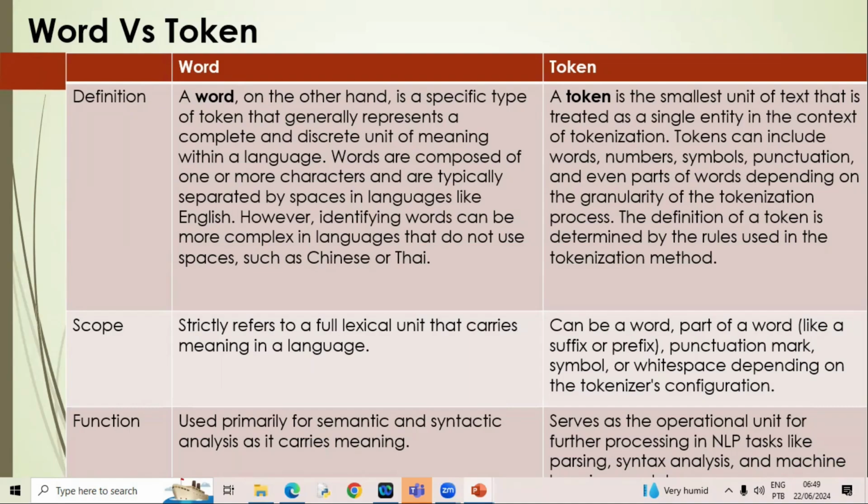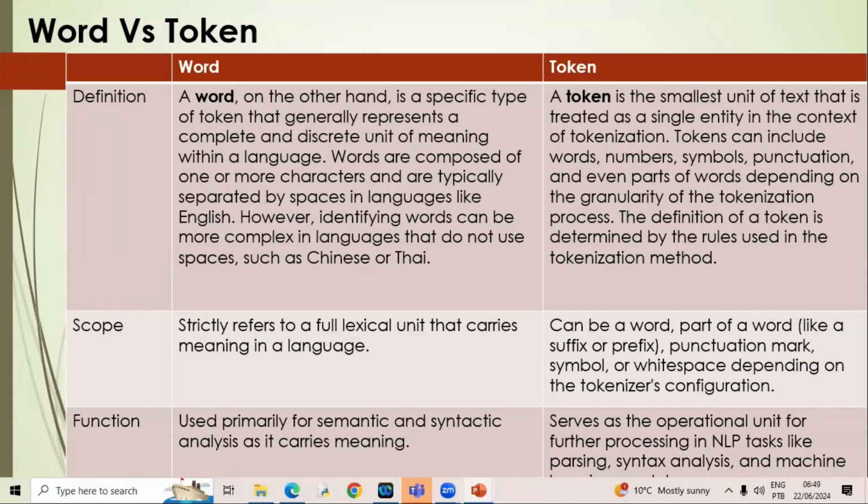Now you can ask, is there any universal rule? The answer is no. It is based on the algorithm which you choose to process the language, and based on your algorithm, the tokenization process has to proceed. Most of the time we say that it is based on the model, but most LLMs, meaning large language models, use a common type of tokenization.